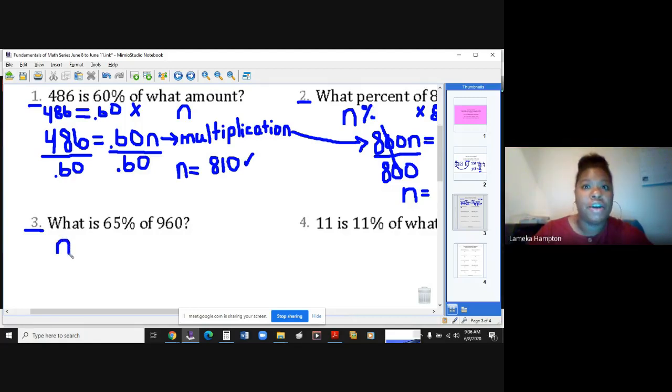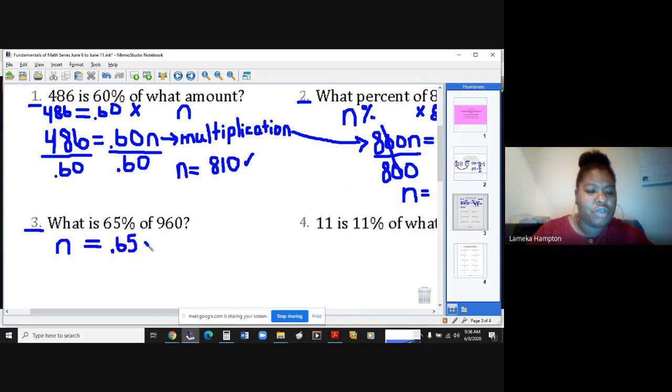So that's my unknown. That's what I'm trying to find. I know that is equal to the word equal. Now, 65%, I am going to have to convert that percentage to a decimal. So that's simply going to be 0.65.